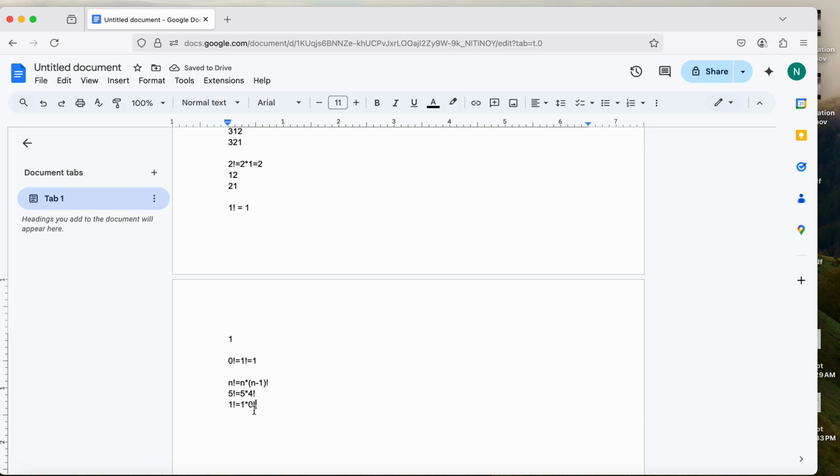Well, 1 times anything is itself. And so this really becomes that 1 is equal to 0 factorial, and we know 1 factorial to be 1. And so it's a brief proof or a quick explanation as to why 0 factorial is 1.